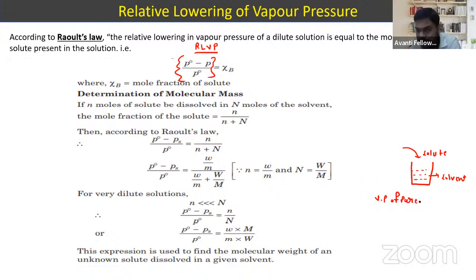It means if we do not add any solute, then it is known as the vapor pressure of the solvent, represented by P naught. As soon as we start adding the solute, it becomes the vapor pressure of the solution, represented by P. So it is clear now what P naught and P are, beta. P naught is the pure vapor pressure of the solvent.